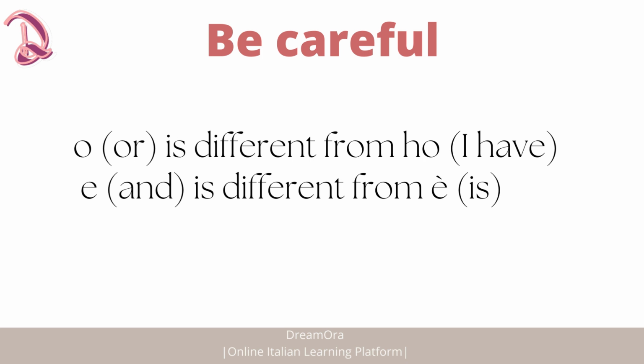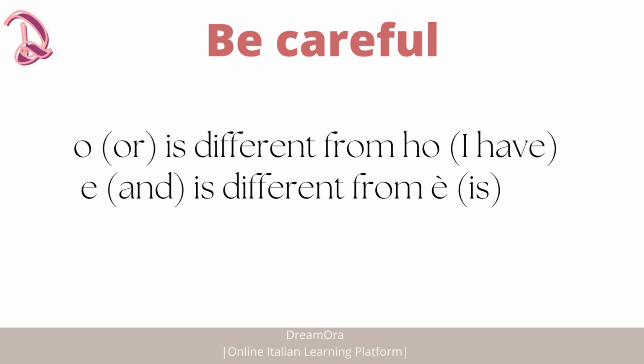And it is different from the open O, which is I have. So, o questo, o quello, or this, or that. Meanwhile, when you say ho, which is io ho, it is I have. So, io ho questo, io ho quello.